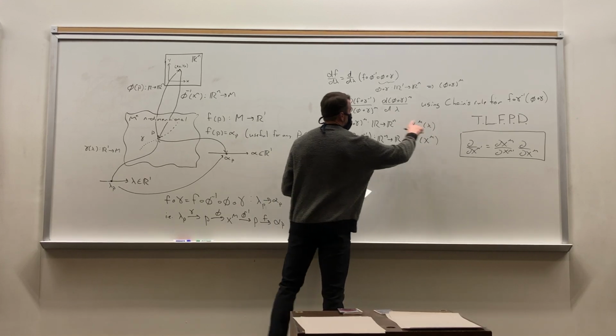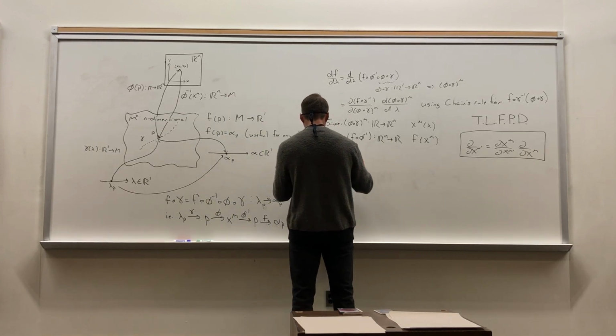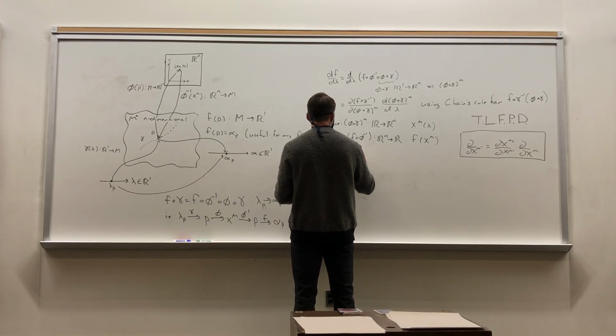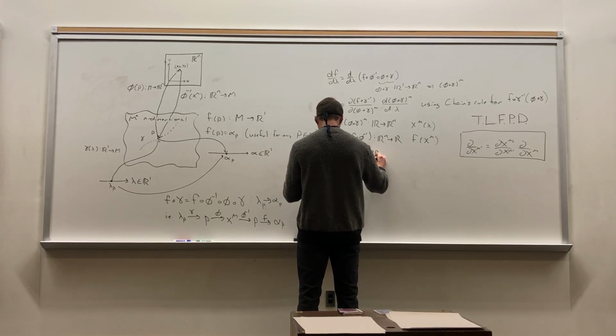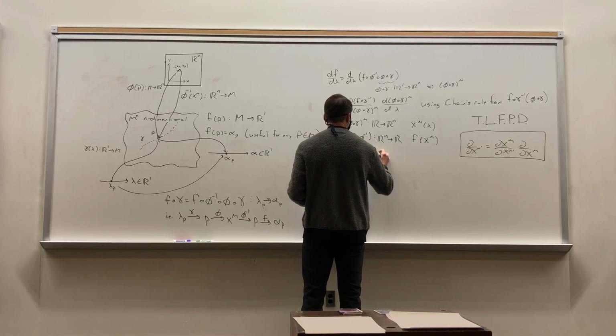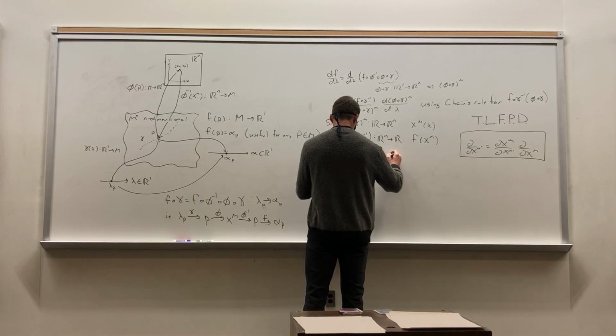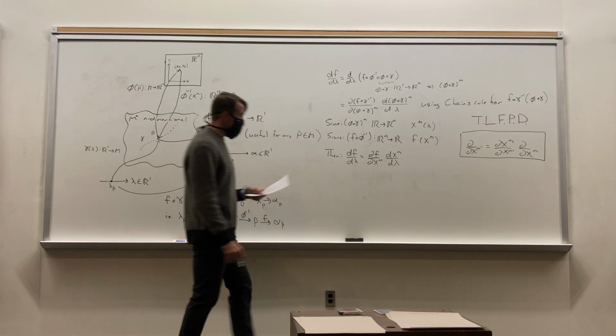Putting these notations into here, we can now write df d lambda is equal to partial f partial x mu dx mu d lambda.